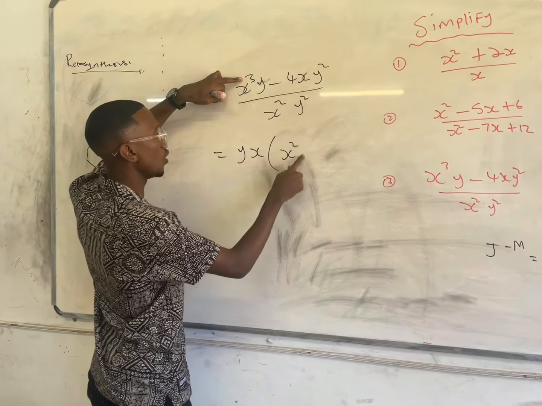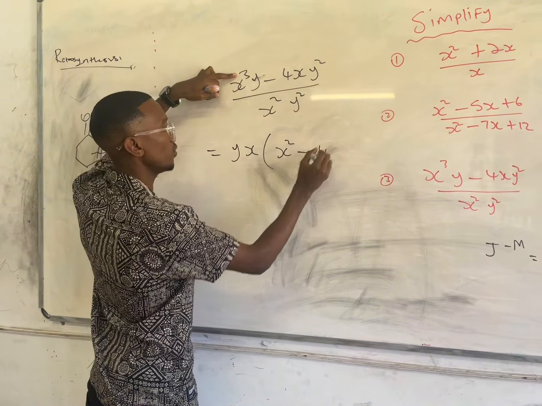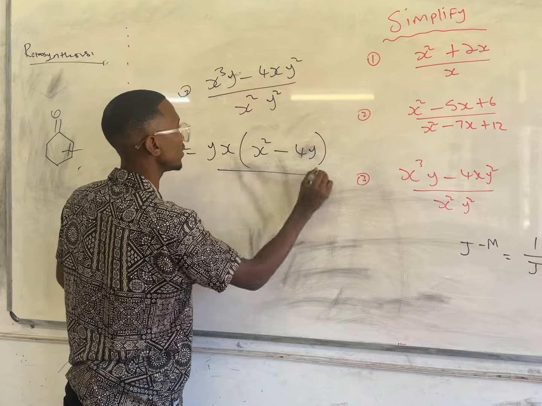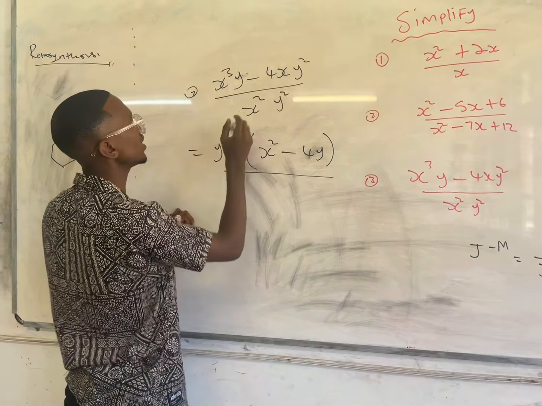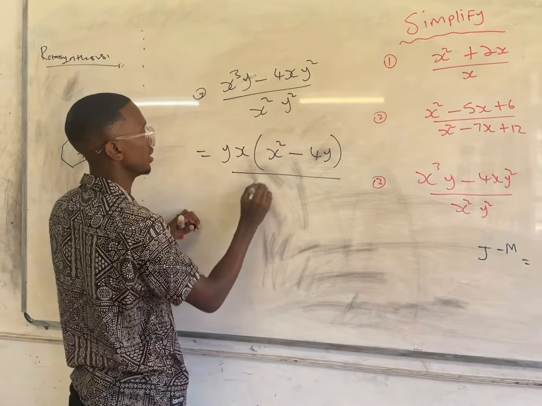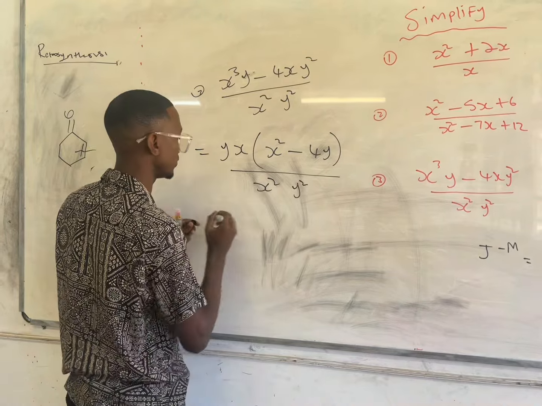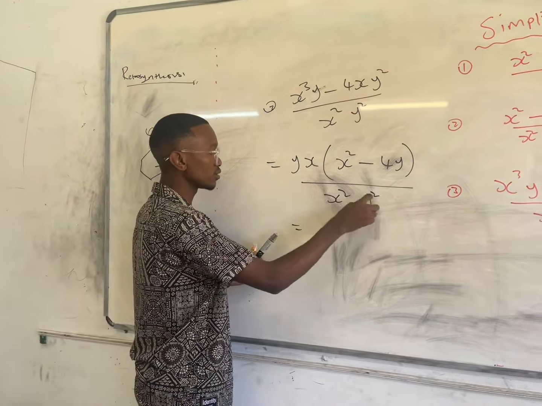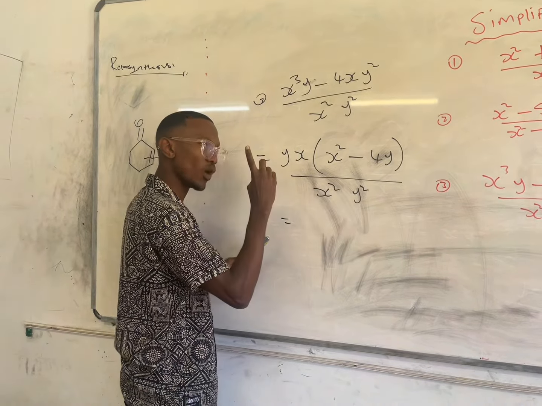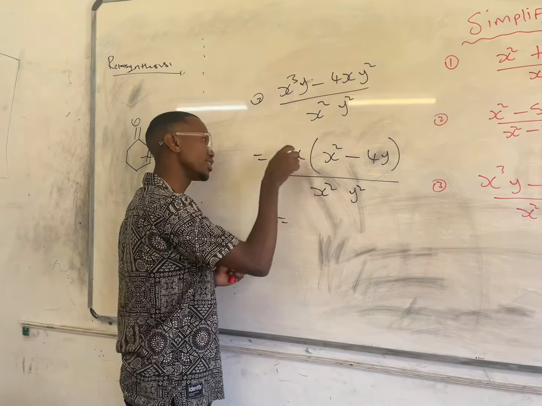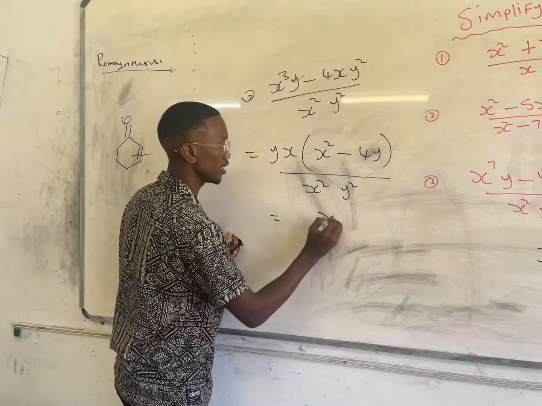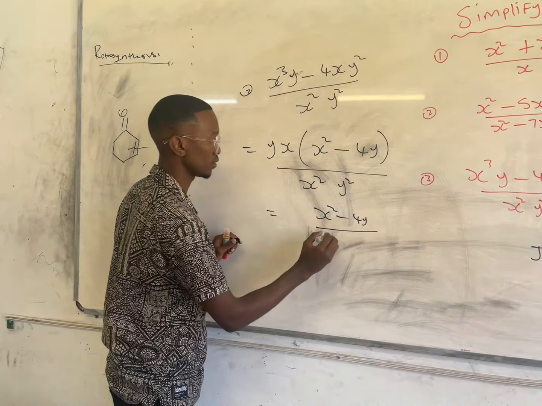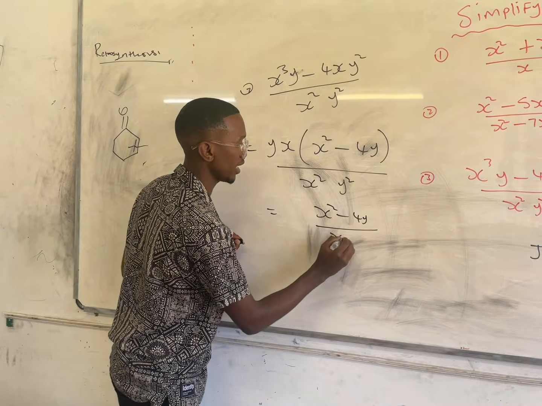X squared, y is gone, minus 4y, all divided by x squared y squared. Then from there, eliminate 1y, eliminate 1x, so I'm left with x squared minus 4y divided by xy.